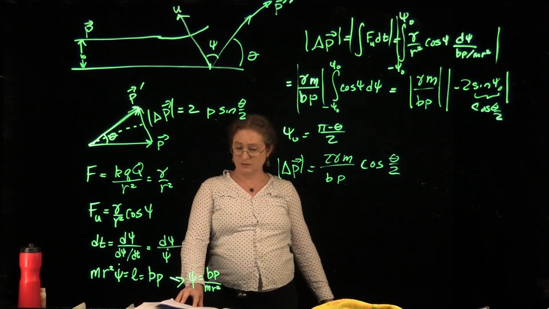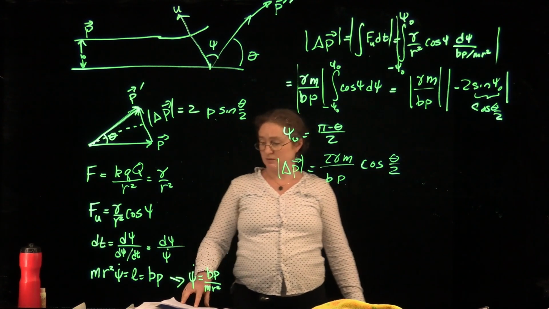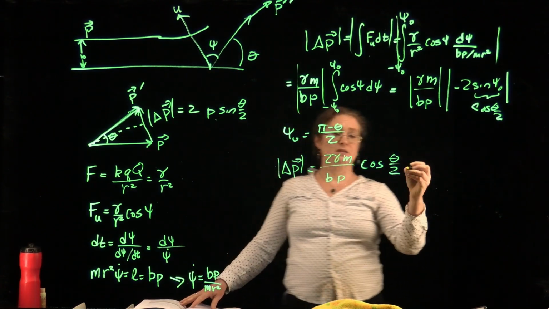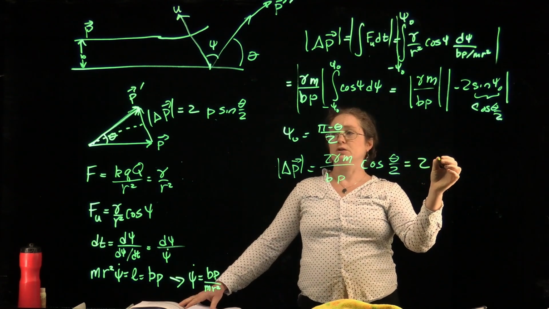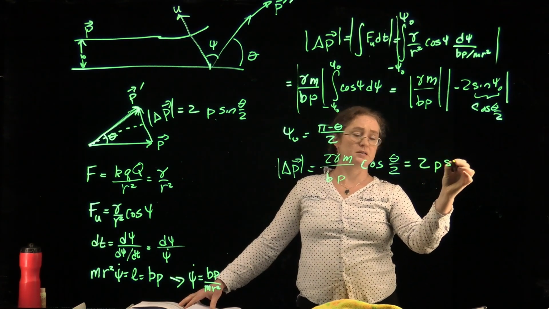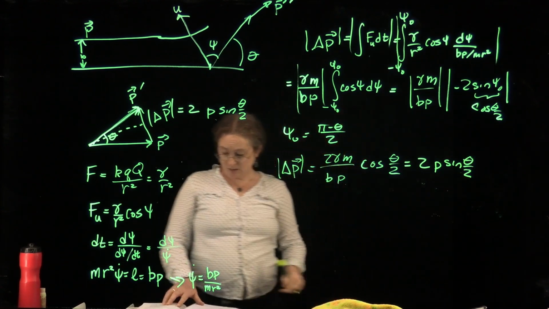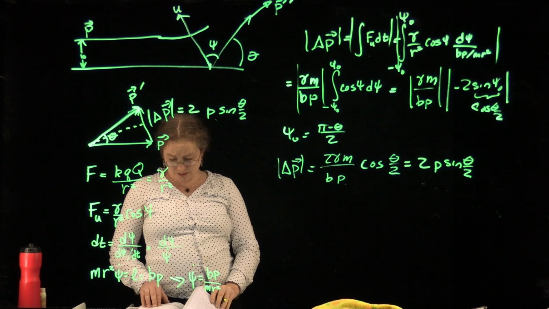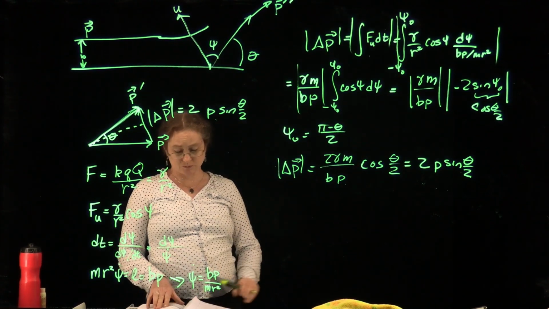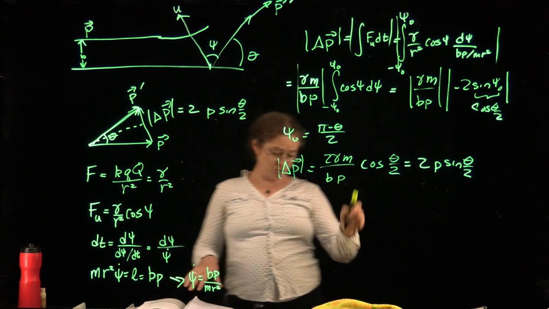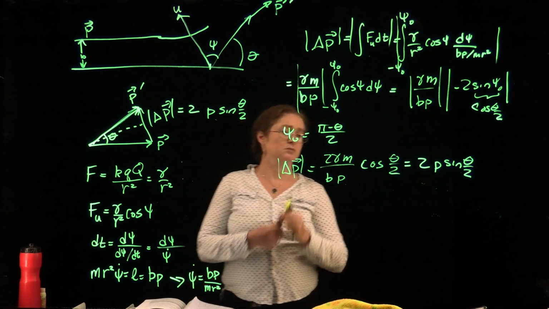And I also have, that is equal to 2p sine theta over 2. I can solve this for b. My 2's are going to cancel out here.